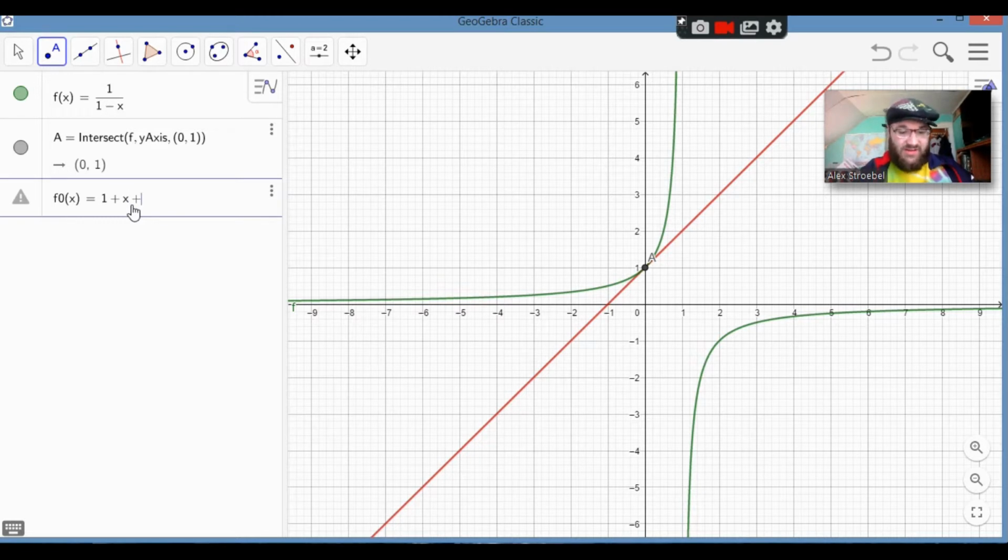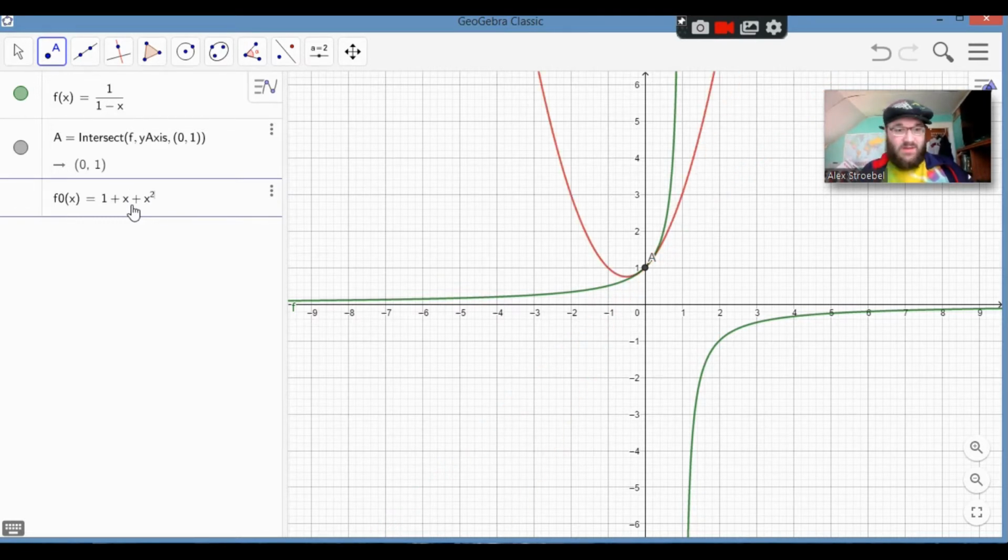Our next one is going to be x squared. Then plus x to the third. And you can see every time I add a power of x, it does seem to be getting closer and closer. So I'm just going to keep going.